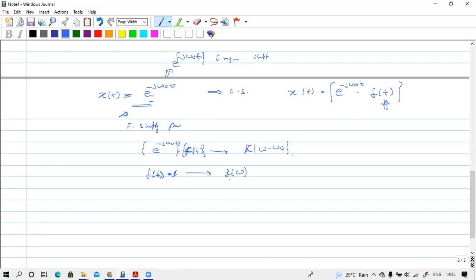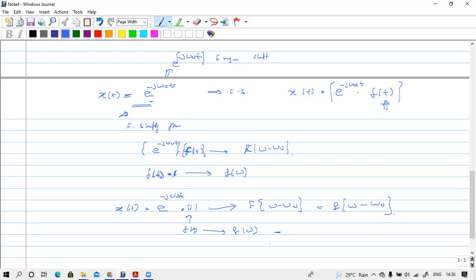So if you consider this signal, x(t) equals e to the power minus j omega naught t times 1, and you know the Fourier transform of 1 is delta omega, then you will get F(omega minus omega naught). Here F(omega) means delta omega, so you will get delta(omega minus omega naught), correct?